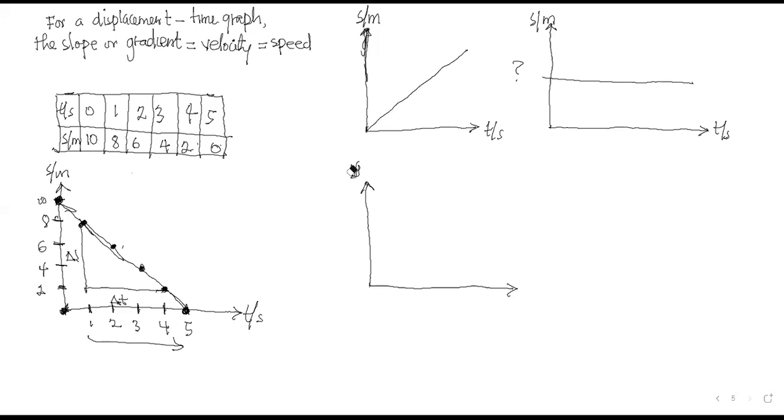Yes, please. And what does it mean if the slope is 0? Okay, Nana. Please, when the slope is 0, it means that the body is at rest. Yes, can you explain further? Can somebody explain?